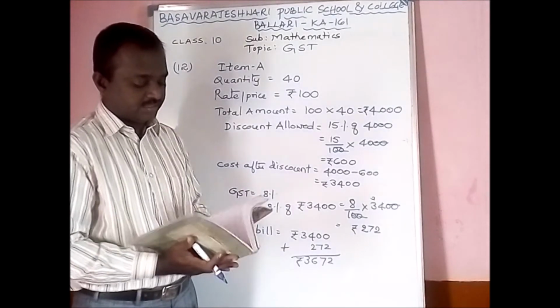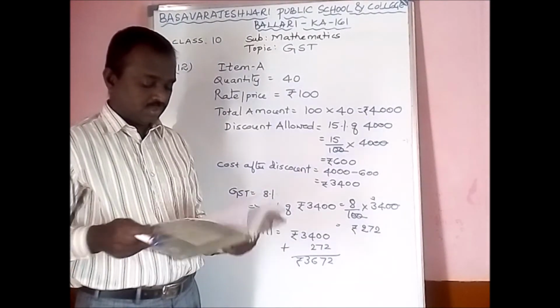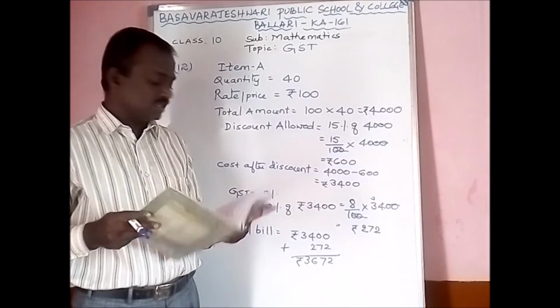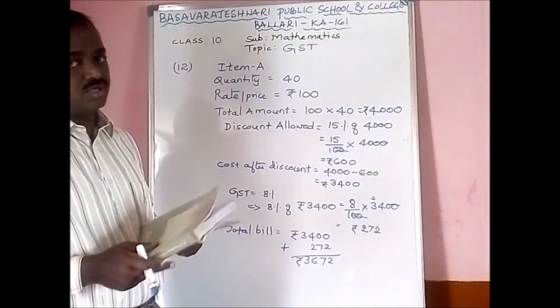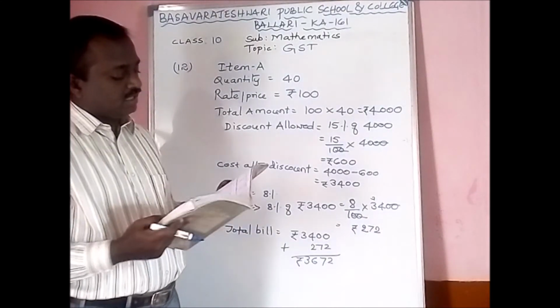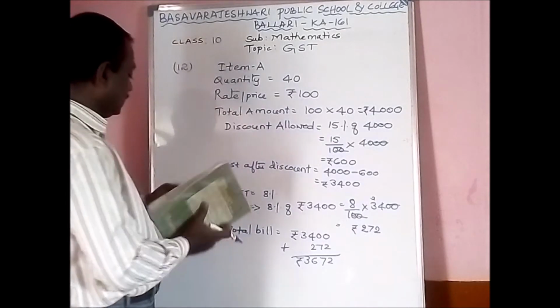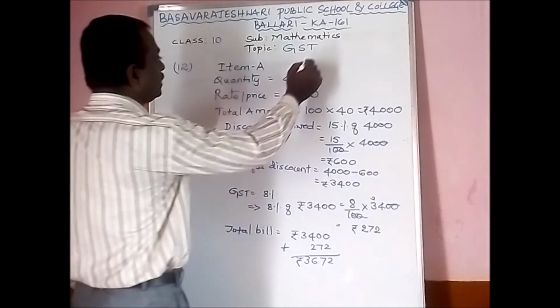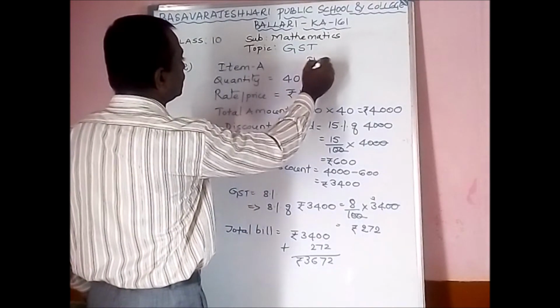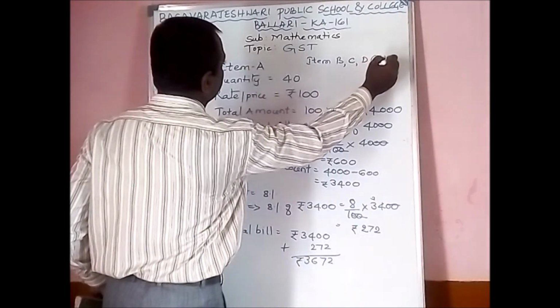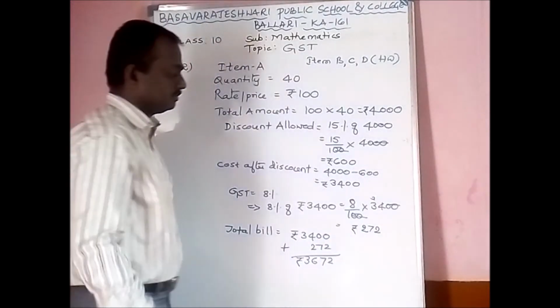For the 12th question, 21,608 rupees you will get. So like that, can you do it? Items B, C, D are homework for you. Okay, note this.